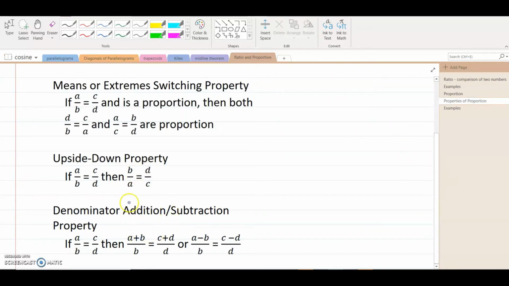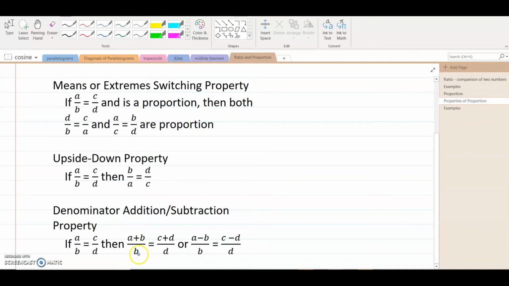And then last we have the denominator addition/subtraction property. If A over B equals C over D, then A plus B over B equals C plus D over D, or A minus B over B equals C minus D over D. So here we are only applying the denominator.